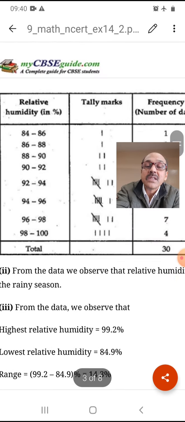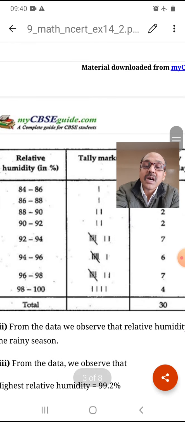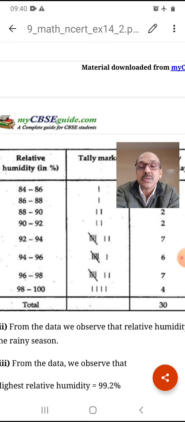So the maximum is 99.2, so you have to take up to 100. So start from 84 to 86, as given in the question. Take 84 to 86 as the first interval, then because the difference is 2, 86 minus 84 is 2, to make the same difference, 86 to 88, 88 to 90, 90 to 92, like this way up to 98 to 100.